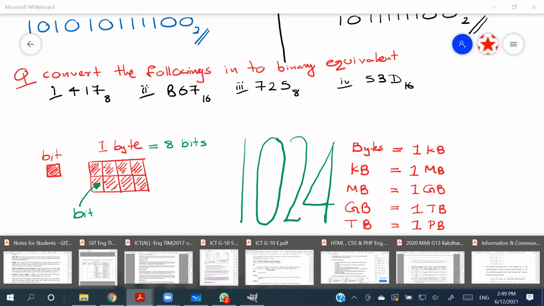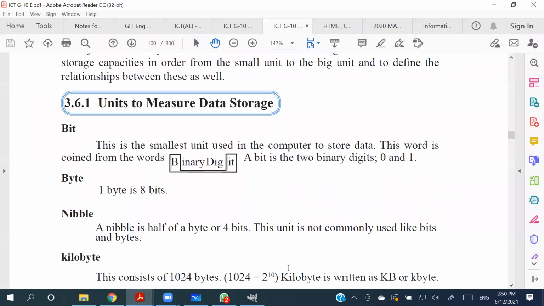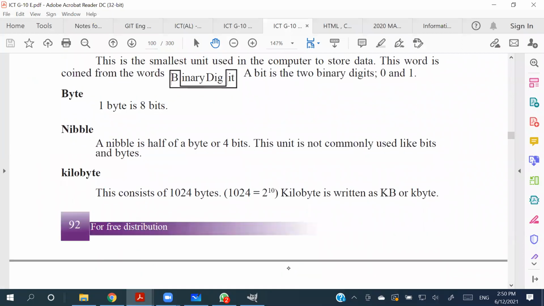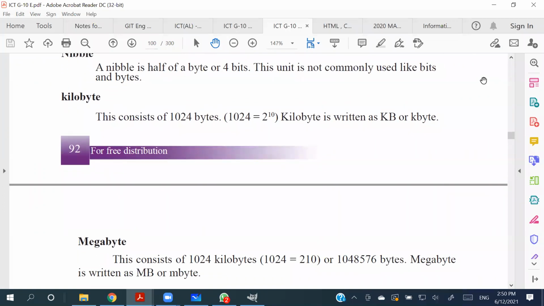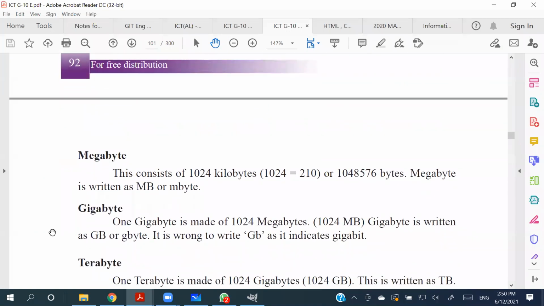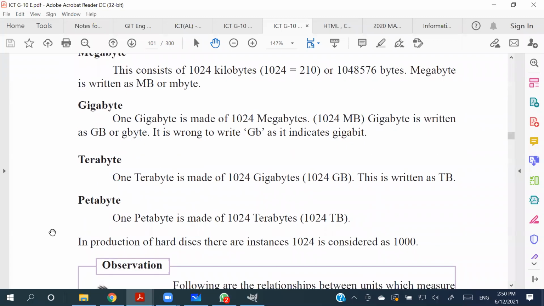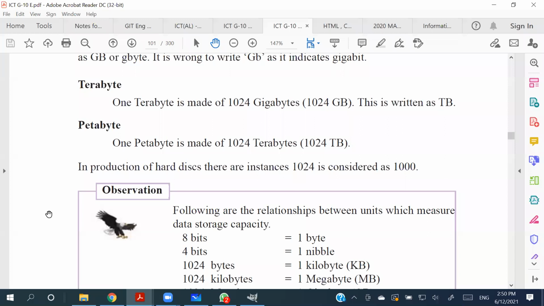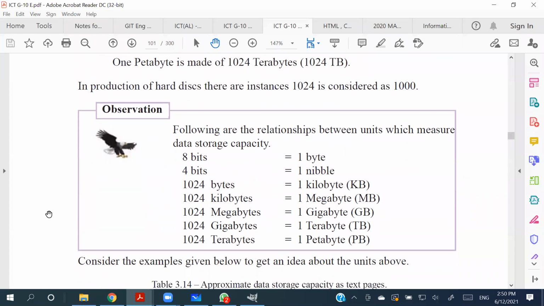Okay, now in your book, I have opened many different PDFs. So here they have illustrated it to you. Kilobyte is 1024 bytes, megabyte equals 1024 kilobytes, gigabyte is 1024 megabytes, terabyte is 1024 gigabytes, petabyte is 1024 terabytes, right?